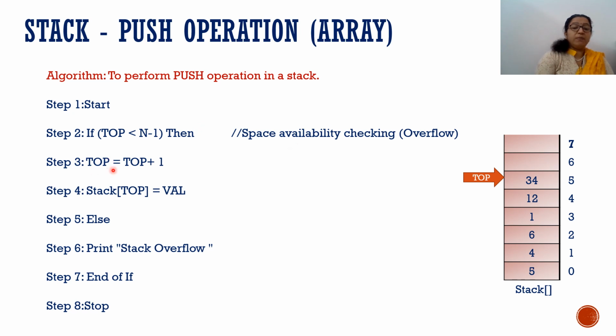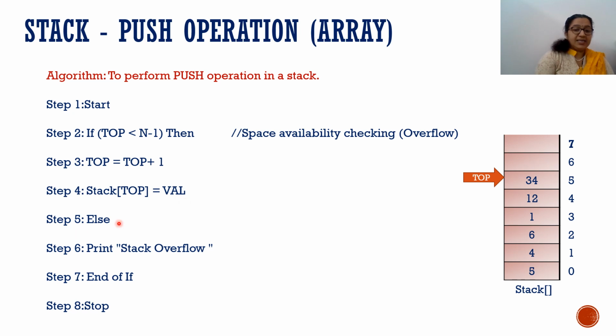So then top is equal to top plus 1. We are incrementing the value of top to the next index number, by 1. Then we can store that value. Which value? The value we are giving. So we store this value in the array stack at the top position. So stack of top is equal to val.